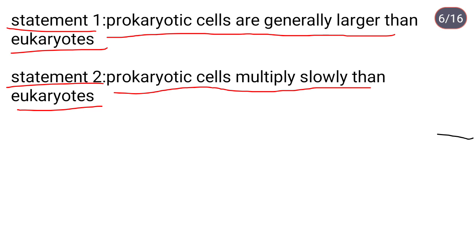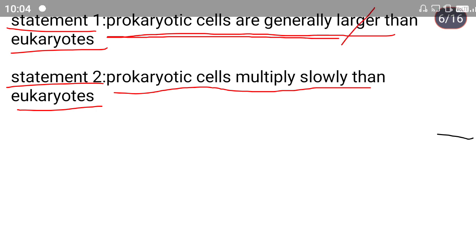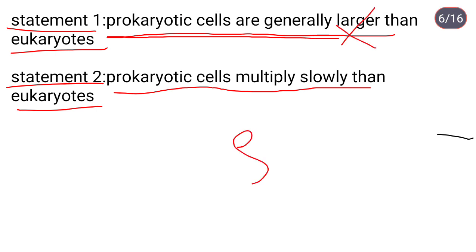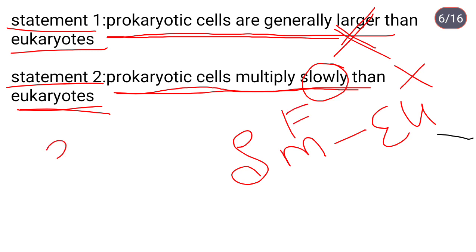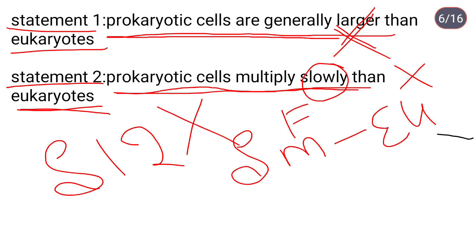The first statement is wrong because prokaryotes are generally smaller than eukaryotes. The second statement is also wrong because they multiply at a faster rate. Both statements are false.